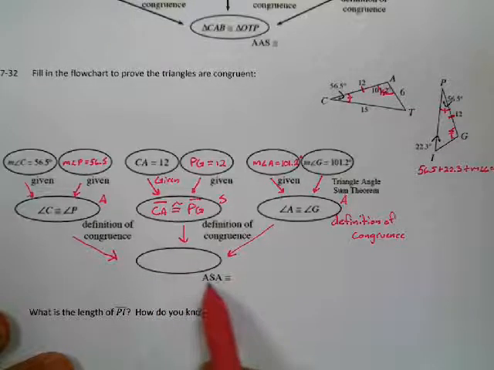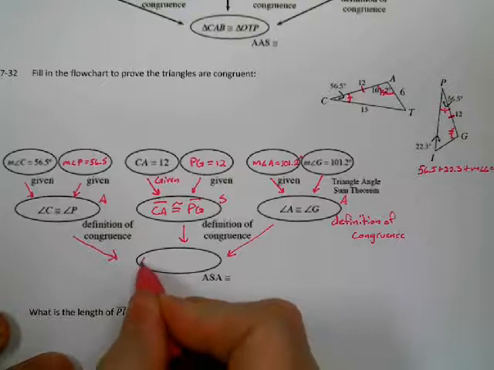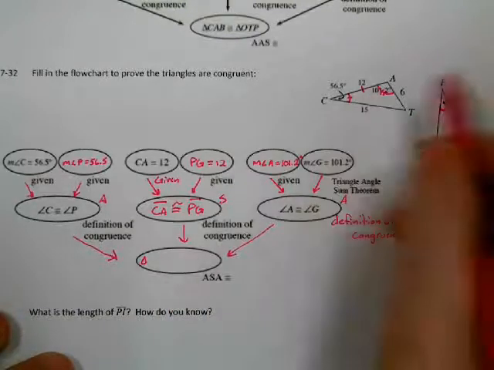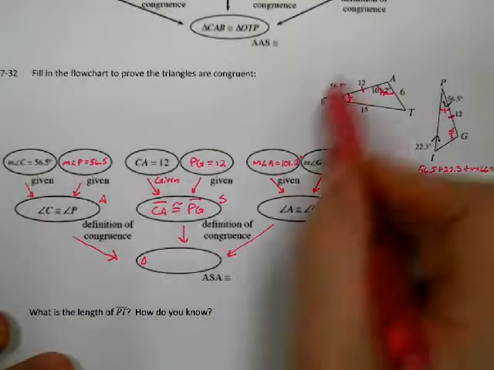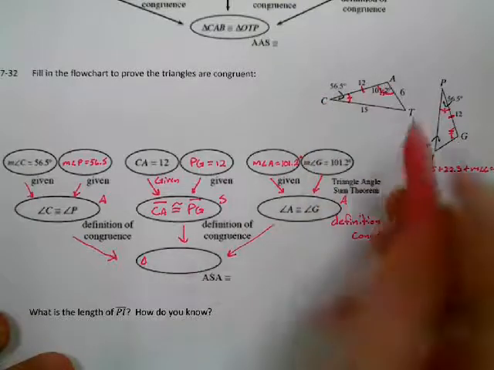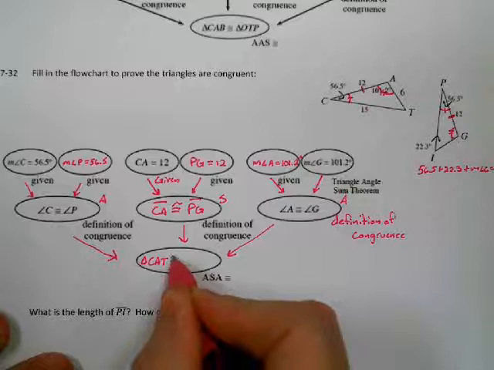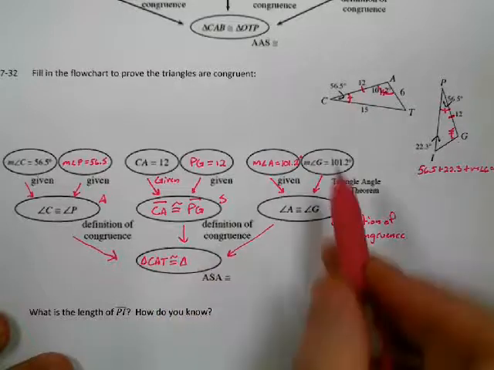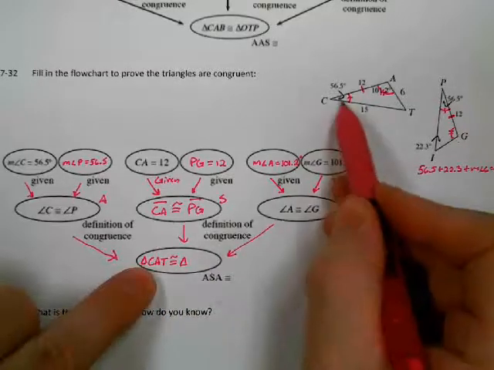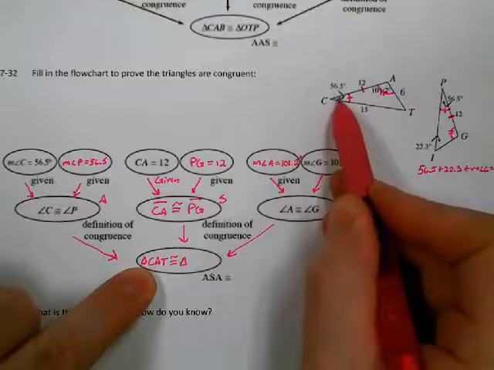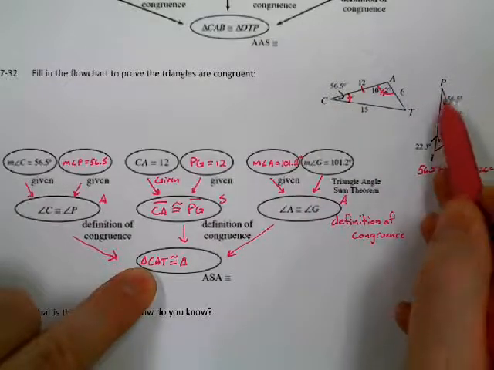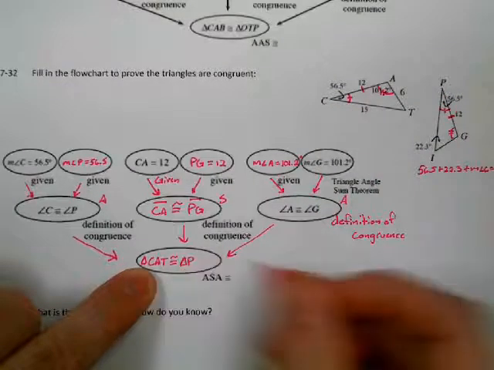So now I need to draw my congruent statement. So triangle, remember you can put it in any order. Let's do CAT. So triangle CAT is congruent to triangle. Now which one matches with C? Which one corresponds? C is 56.5 and P is 56.5. So P has to come first. A is 101.2.